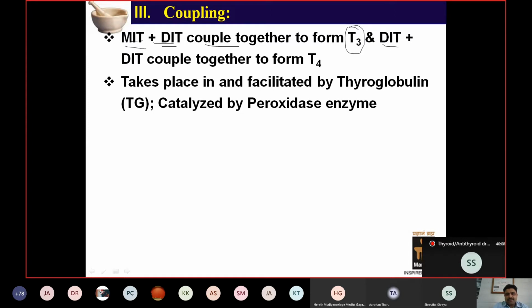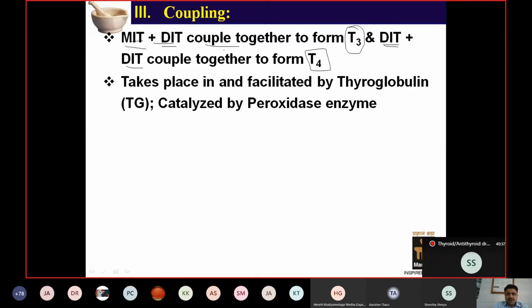And two DIT, diiodotyrosine, when they combine, two iodine plus two iodine means four, so that will form T4. This process is said to be coupling, where the iodinated tyrosine molecules combine.